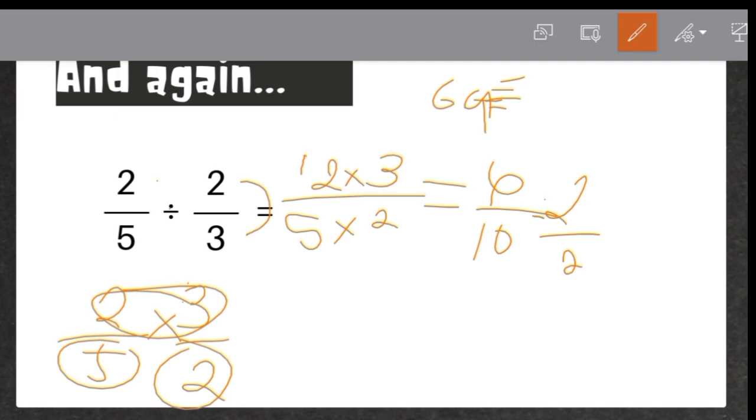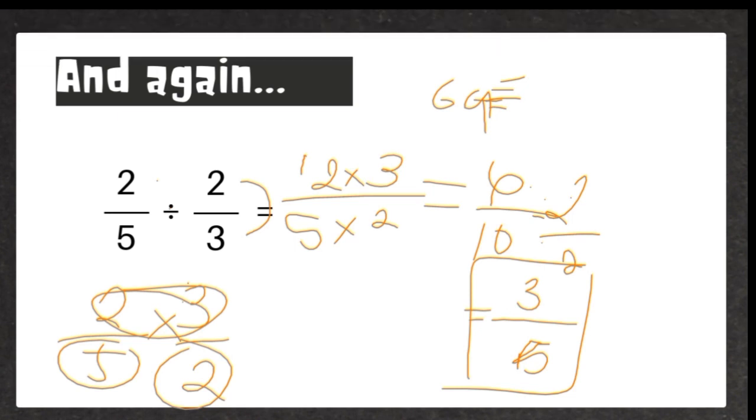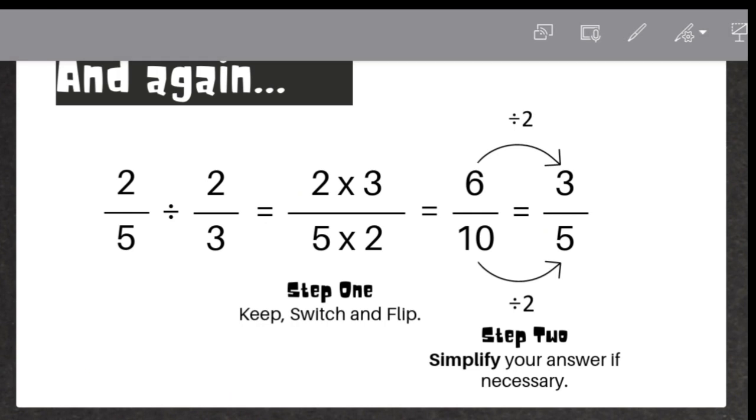So you just need to divide by 2. 6 divided by 2 is equal to 3. 10 divided by 2 is equal to 5. That is our final answer, 3 over 5. So here is a clearer picture. Again, we just reciprocated it.